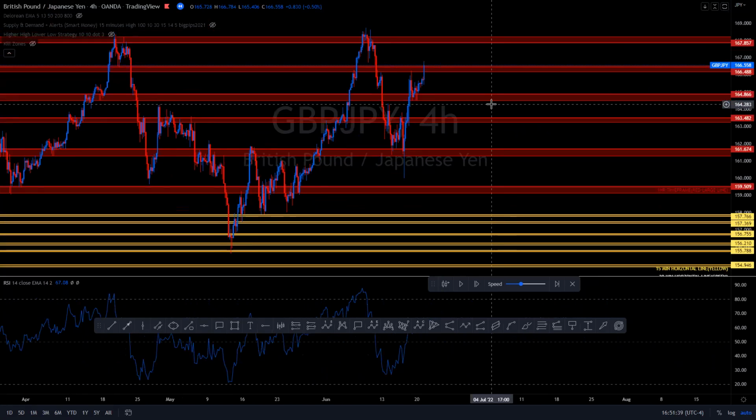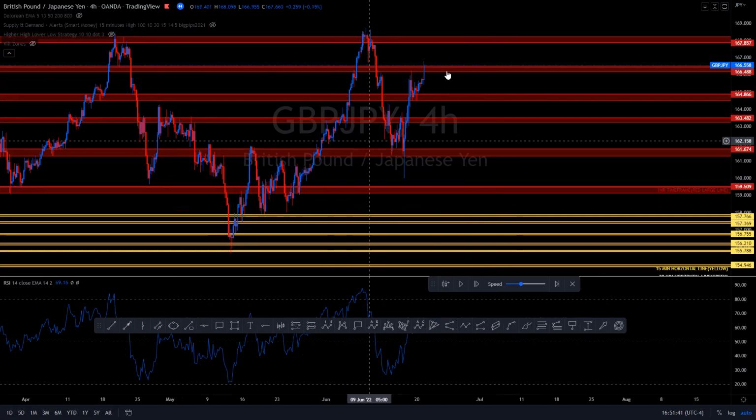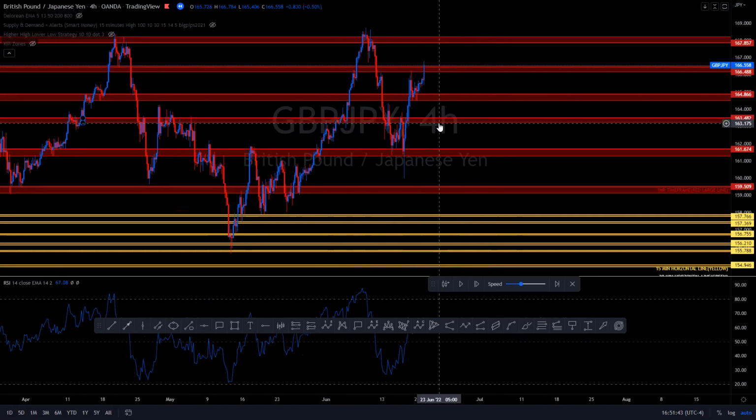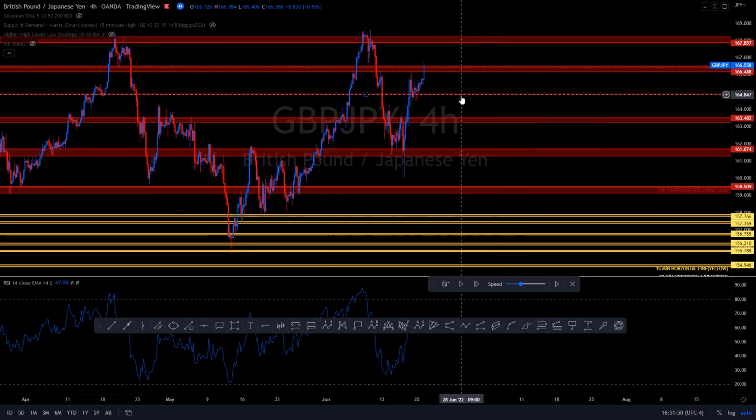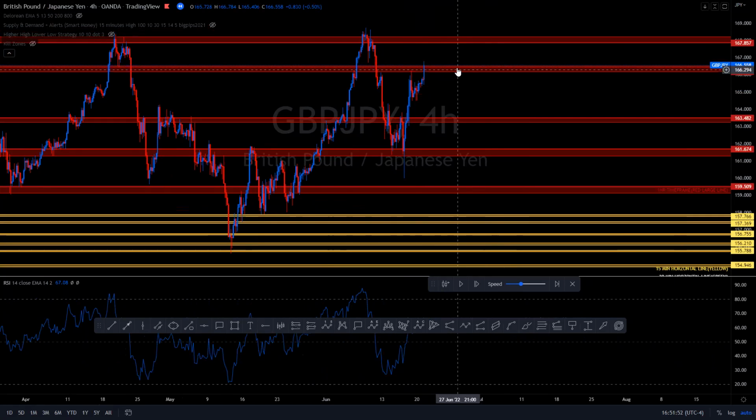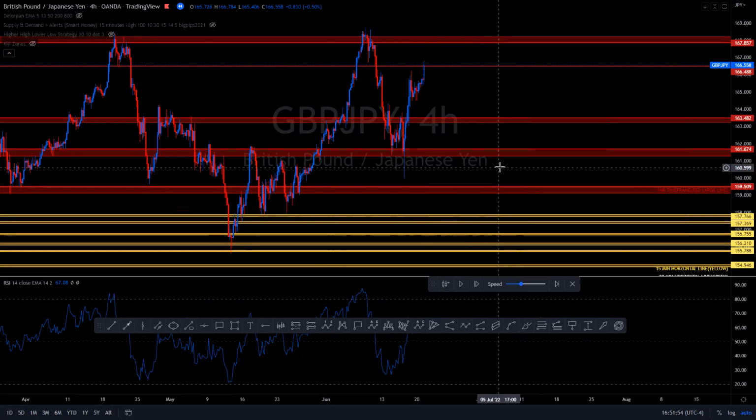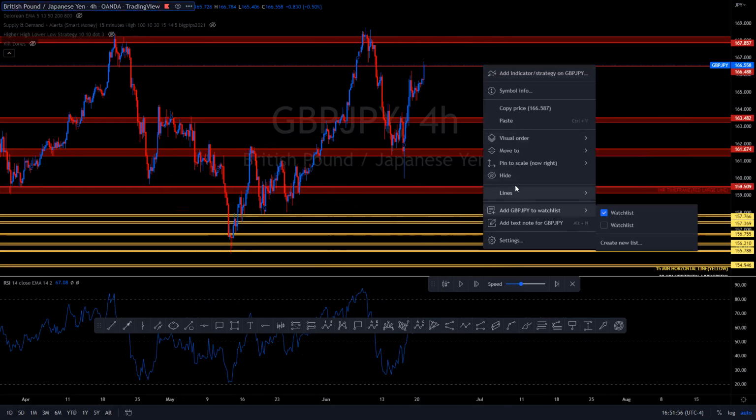So this is the 4 hour time frame. Since we have pretty much marked up all of this here, what I'm going to do is erase some of these zones, so that we can figure out what is the overall trend.